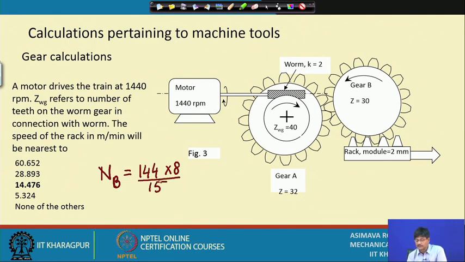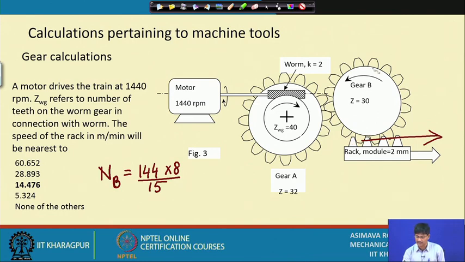What do we have here? After this, the rack is being moved due to its connection with ZB. What is the speed of the rack? Now, they must be sharing the same velocity here. What is this velocity? It must be number of rotations multiplied by the circumference. In one rotation, it moves by the circumference.